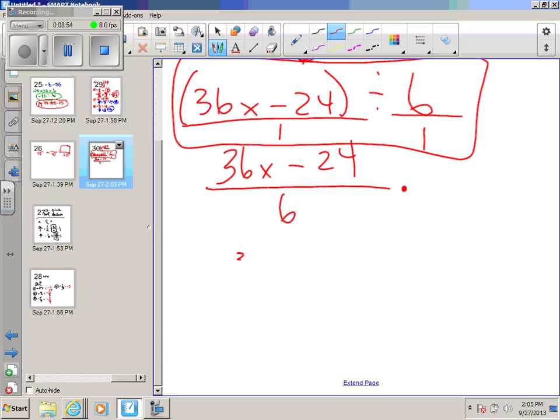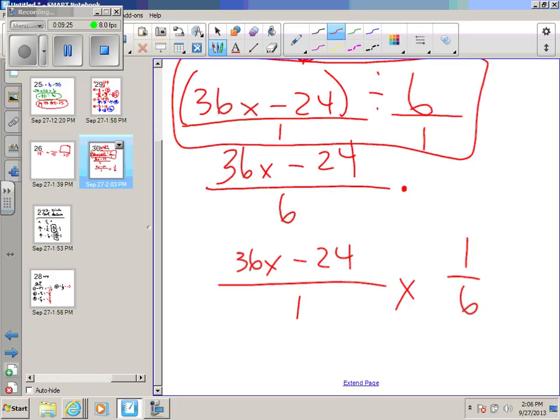So let's do that. 36x minus 24 over 1 times, not 6 over 1, but 1 over 6. Okay? You with me so far? Yes? Okay. Now what we'll do again is we'll simplify.